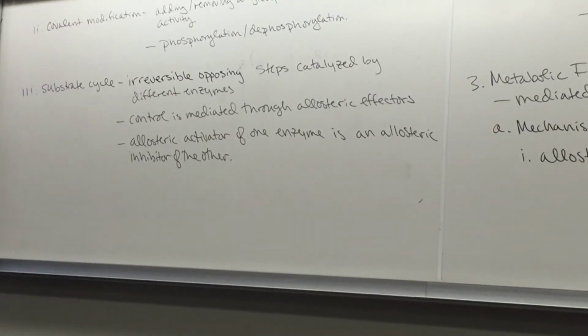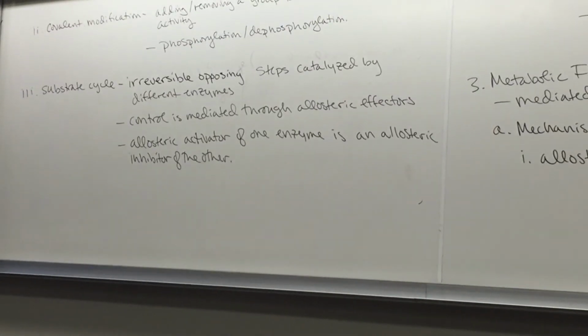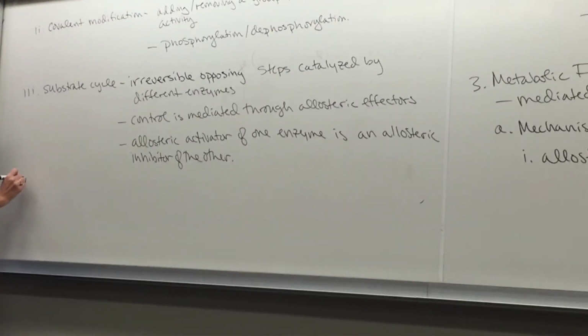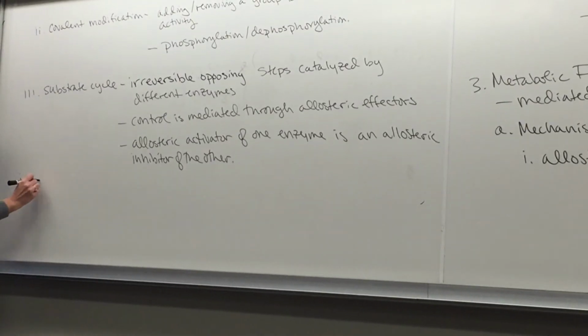Okay, so in a nutshell, it's a little more complicated than this, but for now I think this will suffice. We'll talk in greater detail about it when we get to our first substrate cycle.